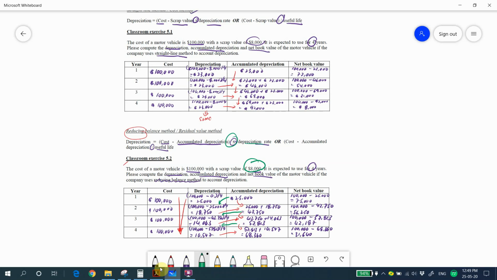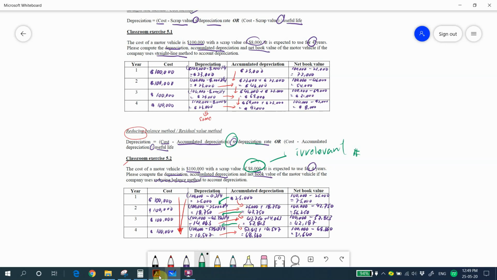Did you see any scrap value in your formula? No, right? It means that the scrap value under the reducing balance method is irrelevant information when you compute the depreciation. So don't use the scrap value when you compute depreciation under the reducing balance method.